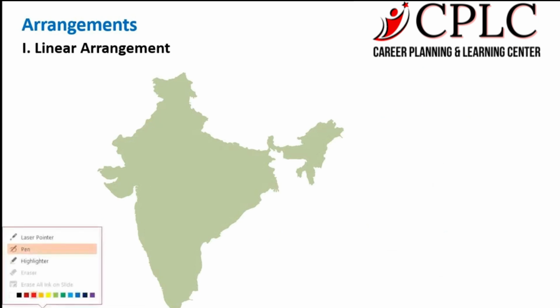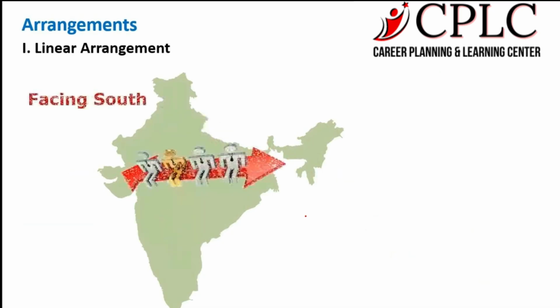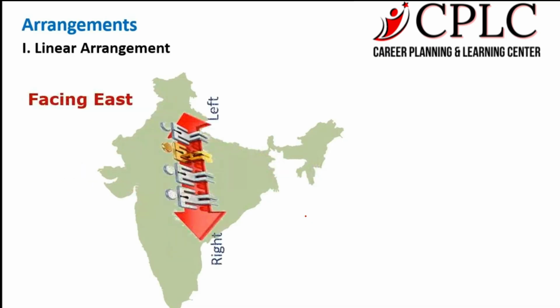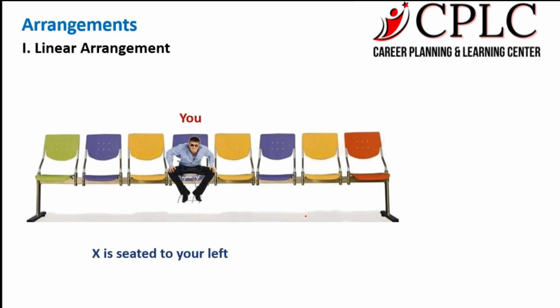Okay, so without further delay, let's start with the next part. We've already seen these orientations. We are supposed to mark the position. So always imagine yourself in these positions before we learn to mark the position. The first position, let's assume this is where you are sitting facing like this, and we have to mark the first one, which is X seated to your left.